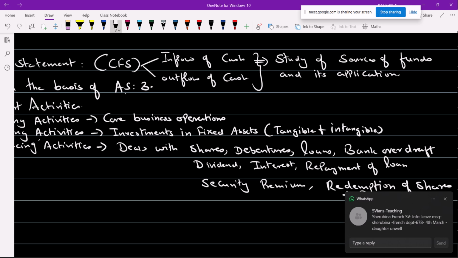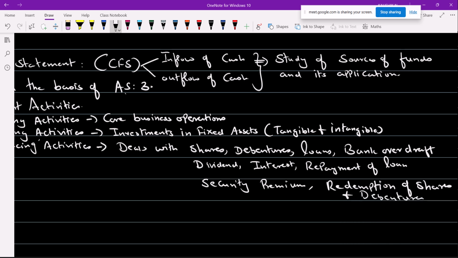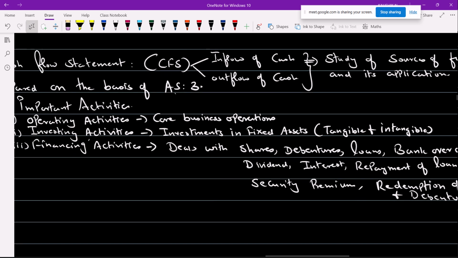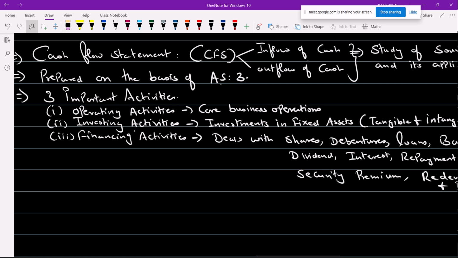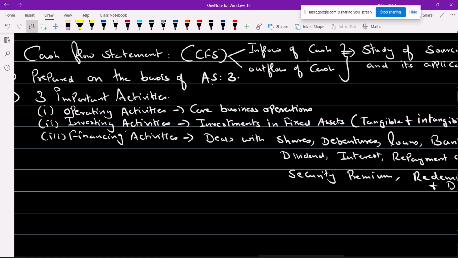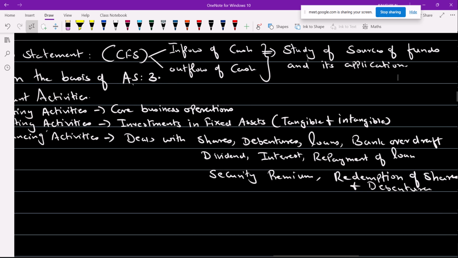So cash flow statement gives you the inflow of cash and outflow of cash. Now in each of these activities, as we said, there are three important activities: operating activity, investing activity, and financing activity. Each of these activities will provide you an end result.